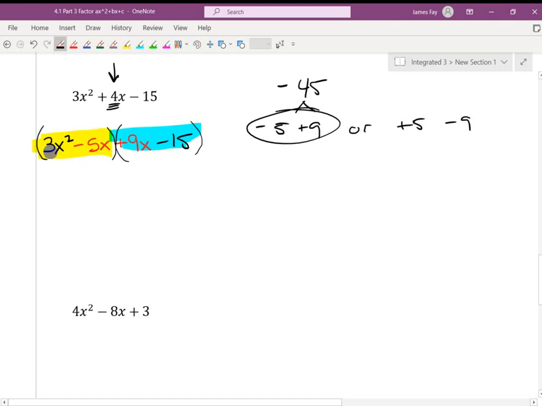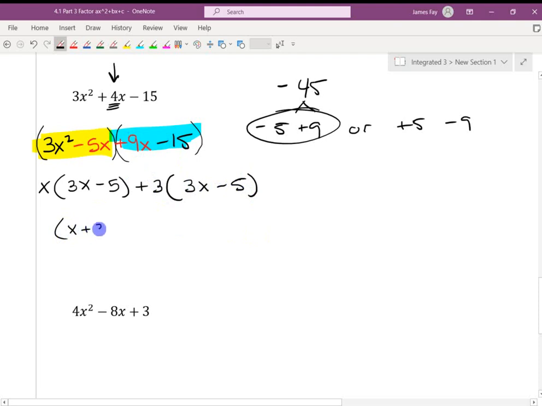So we're just looking at the variable x then, right? So x will divide both of them, leaving me with 3x minus 5. What divides both of these numbers here in blue? 3. So plus 3. 9x divided by 3 is 3x. Negative 15 divided by 3 is negative 5.